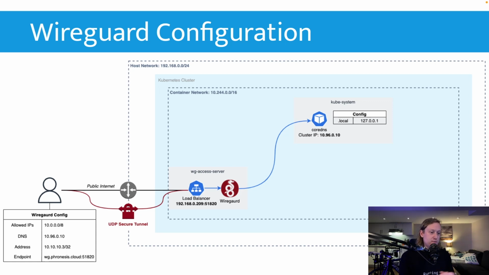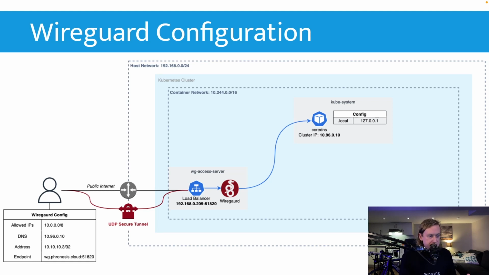Now, what you'll see in the top right corner there is we have our CoreDNS configuration, which is at 10.96.0.10. You'll also see that address is what my WireGuard has as DNS. And then that's how I actually resolve DNS. So layer 3 traffic is actually solved through just connecting to the tunnel.